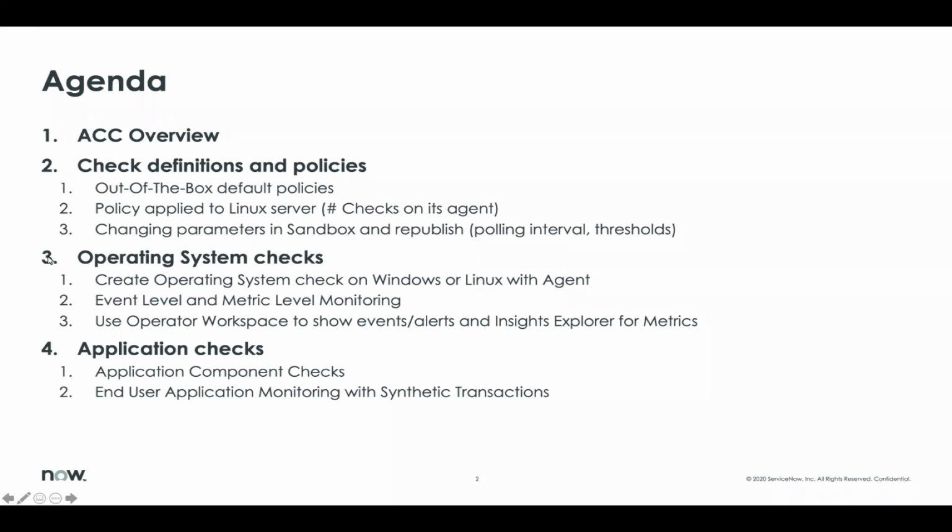I will go into the technical details of how it works, the modules involved, these check definitions, which actually do the real horsepower work, the policies that you use to deploy it, the ones that are out of the box, where you can apply them, where you cannot apply them, and the kinds of checks we can apply on operating systems and on applications.